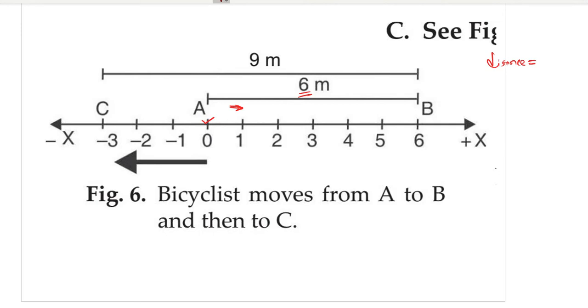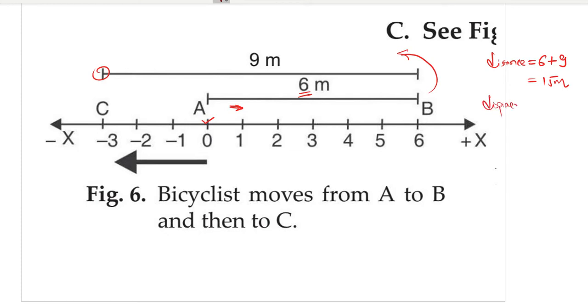So first we will add 6, plus from point B he turns back and goes in the opposite direction to point C. How many meters? 9 meters. So 6 plus 9 is how much? 15 meters. So this is the distance, length of the total path covered by the body.